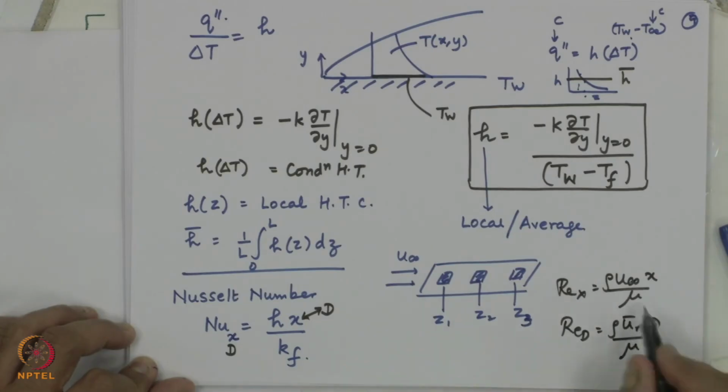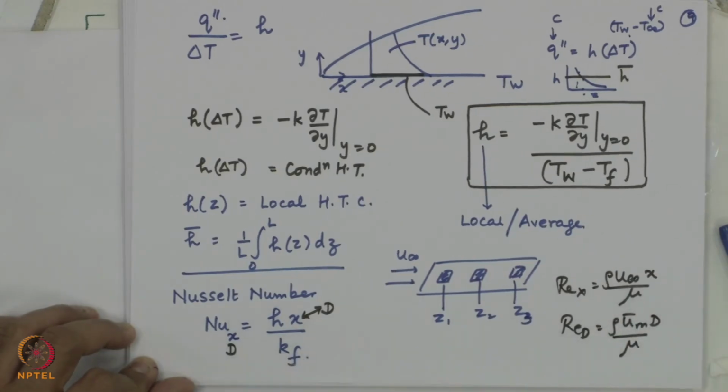Whatever is the characteristic dimension for Reynolds number, the same is the characteristic dimension for Nusselt number.